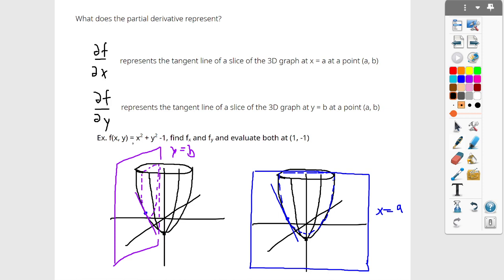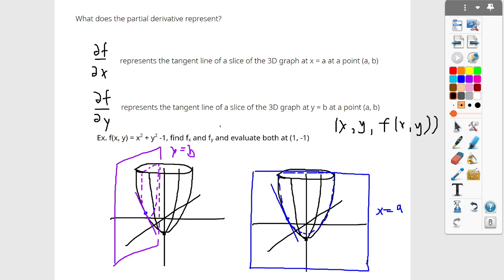Now this is an example. If f of xy is equal to x squared plus y squared minus 1, find the partial derivatives f sub x and f sub y, and evaluate them both at 1, -1. So let's see. First of all, what is x, y, z at 1, -1? Or in this case, it's x, y, f of x, y.